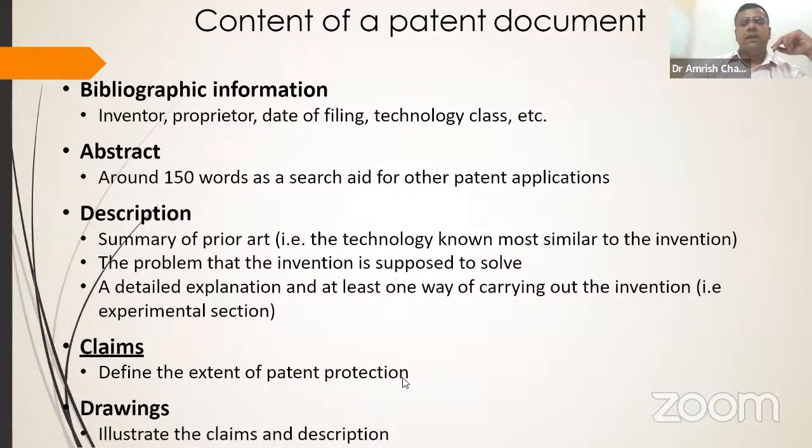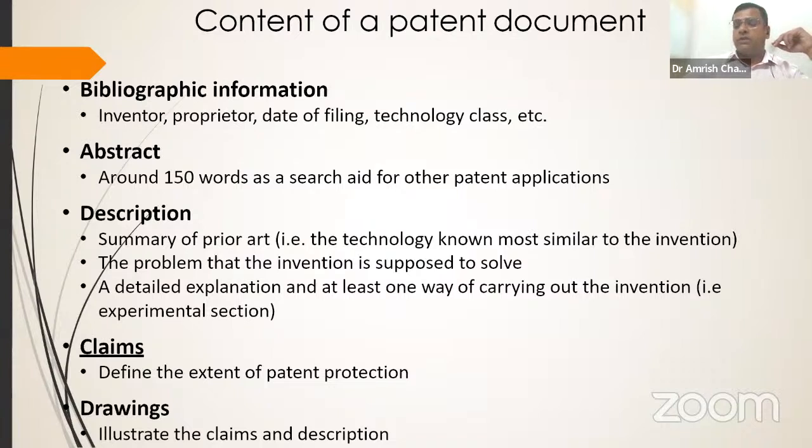This is followed by the claims. Okay. So claims are something which define the extent of patent protection. Okay. So you must have made, say, a transdermal formulation, a tablet, or a mouth dissolving formulation, whatever it is. Okay. But if you just write one single sentence, if you want to claim a mouth dissolving tablet, I claim a mouth dissolving tablet.